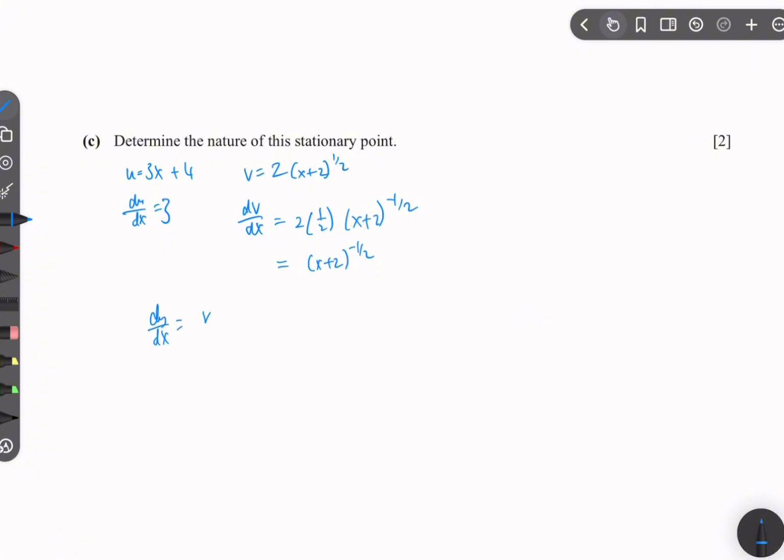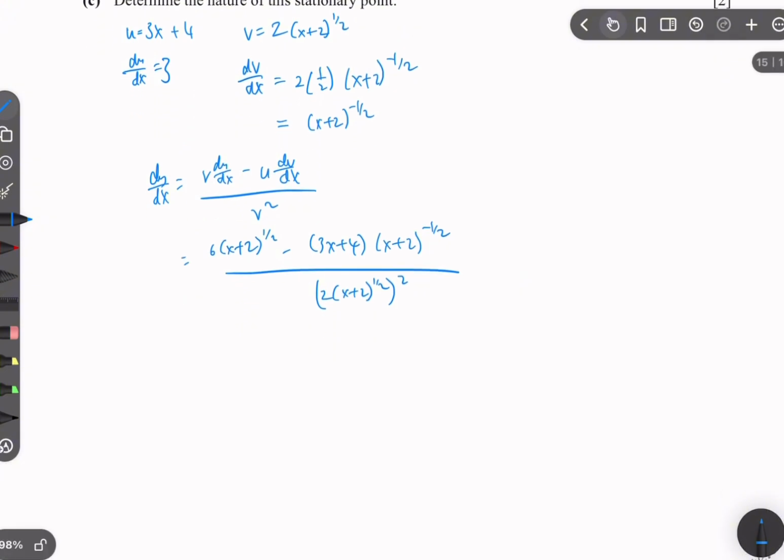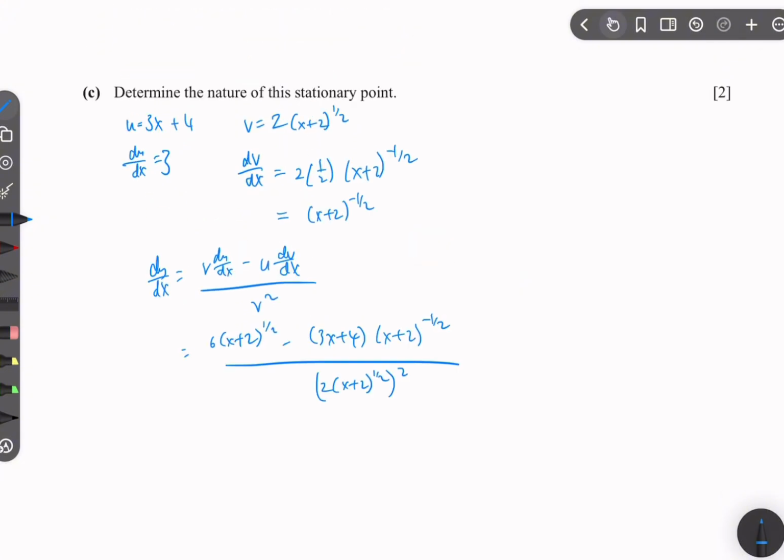Okay, so this is the formula for the quotient rule. And since we already have all these values, we can just sub them in. We have the equation for d squared y over dx squared.